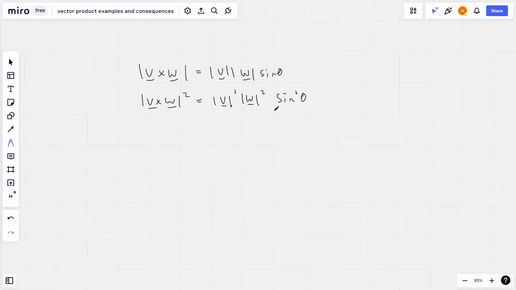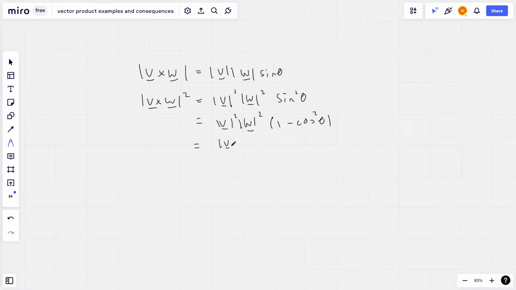And now I'm thinking, okay, well, sine squared theta plus cosine squared theta is equal to 1. So we get that this times 1 minus cosine squared theta is equal to the magnitude of the cross product squared.